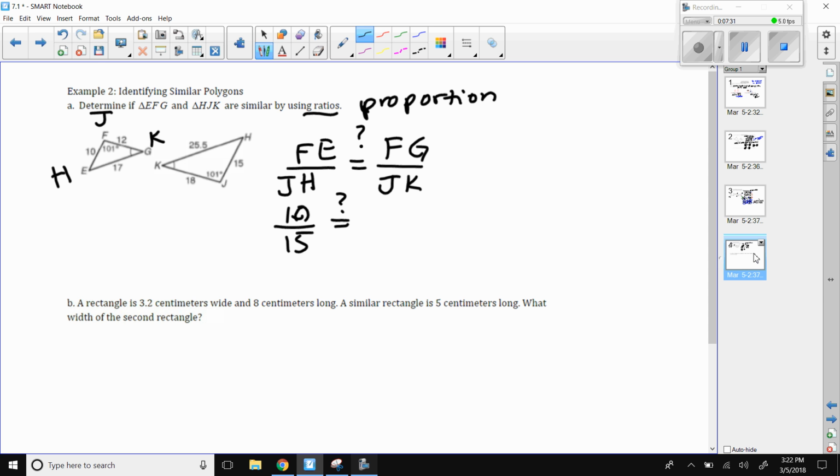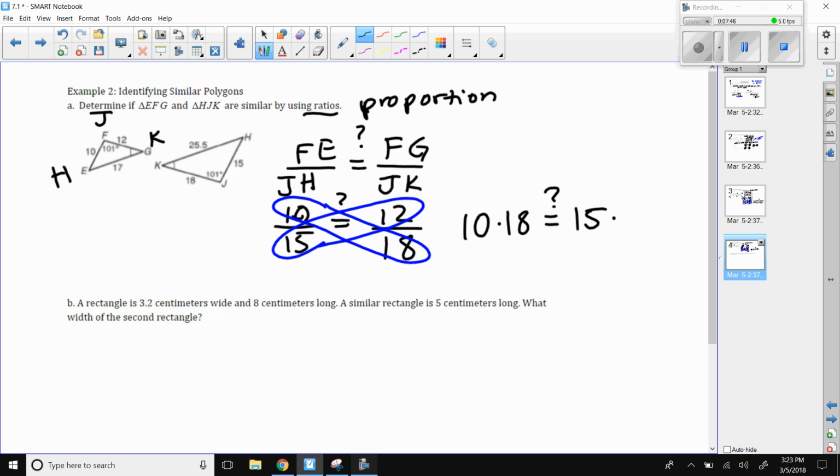Is this going to be equal to FG, which is 12, over JK, which is 18? And again, I have to check my ratios here. 10 times 18, is this going to be the same as 15 times 12?